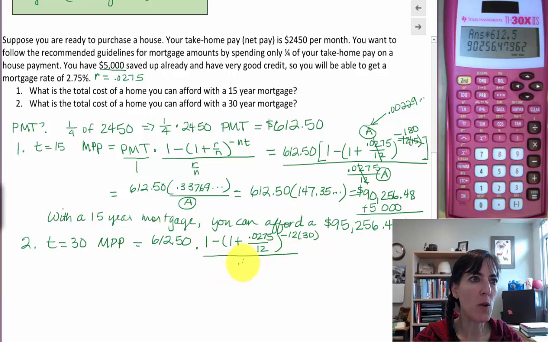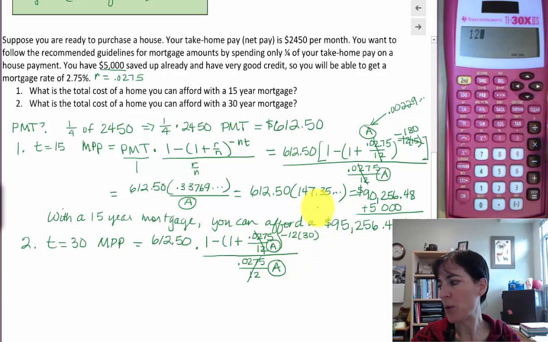And that's all over 0.0275 divided by 12. Remember, we stored this in A. It's still sitting there because we didn't delete anything. And the 12 times 30 is 360, but we'll do it 12 times 30 to show that it is 360. And remember, this is a negative 360. And now we're ready to do our calculations.